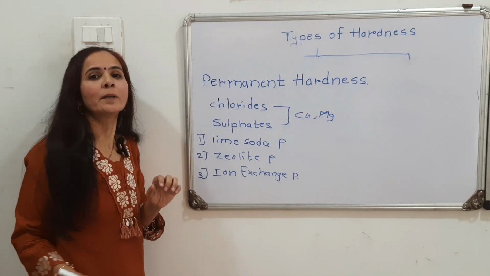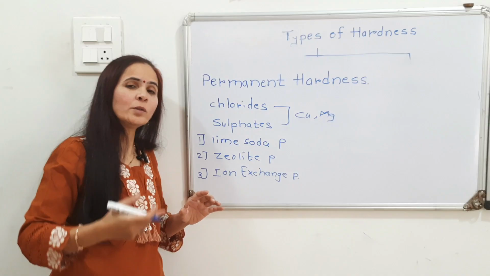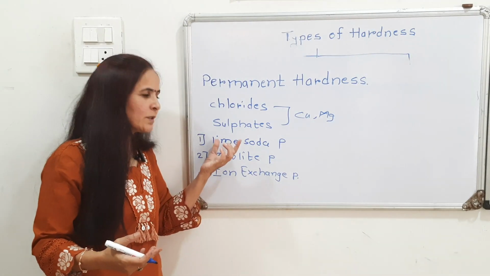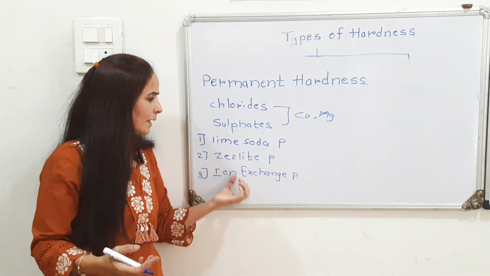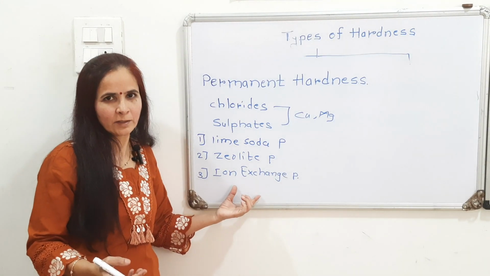Means temporary hardness we can remove by the simple boiling method, and to remove the permanent hardness we have to use these three separate techniques: lime soda process, zeolite process and ion exchange process.